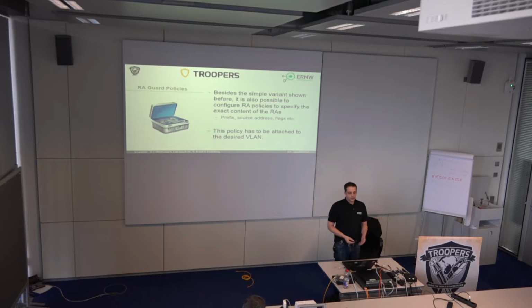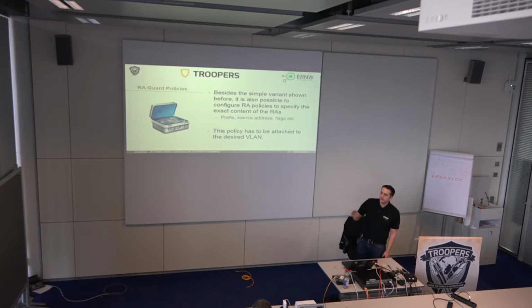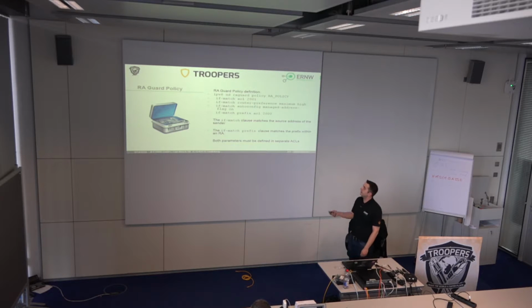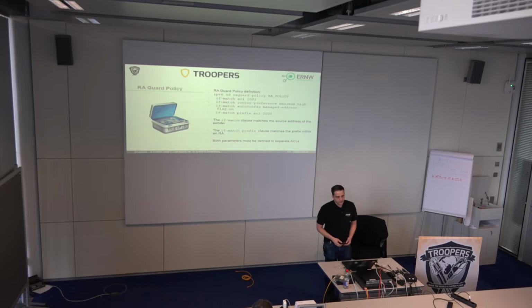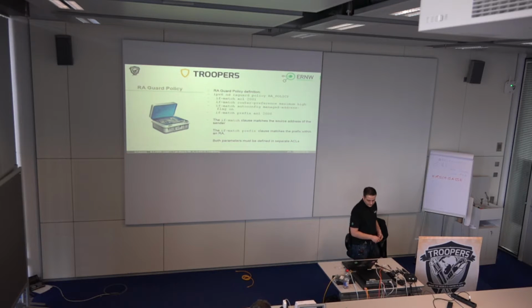You can use it in two variants, either the simple variant where you just define the role, host or router, or like in the Cisco world, you can define policies where you can specify which content is allowed to be in the router advertisements. As you can see here, this is just one example RA-guard policy definition.